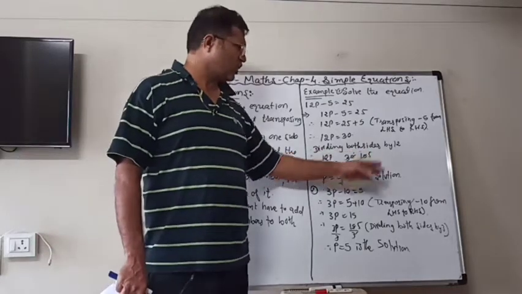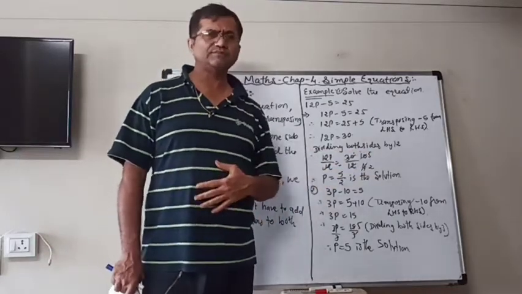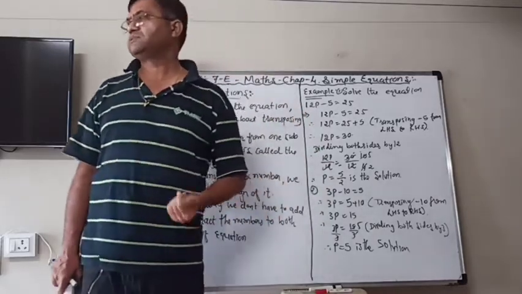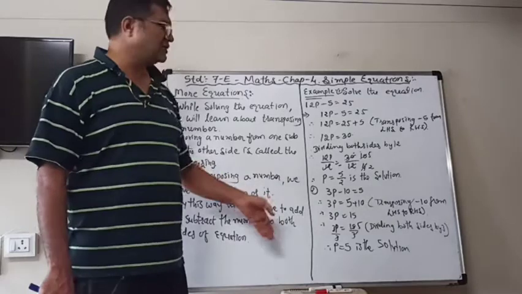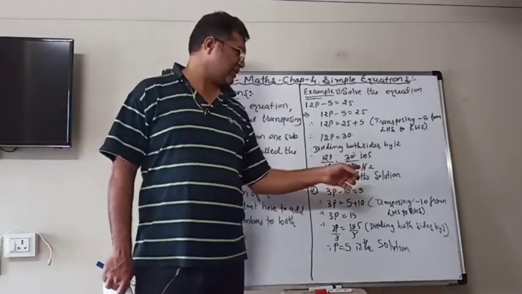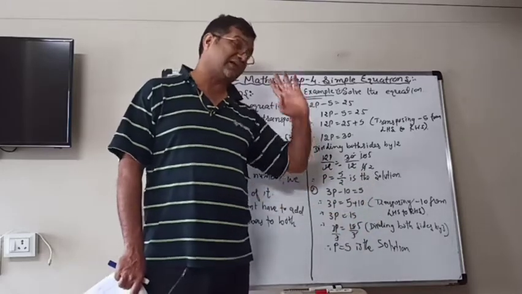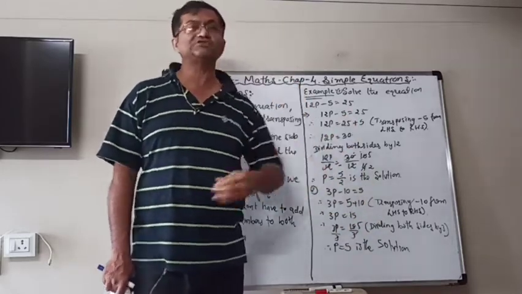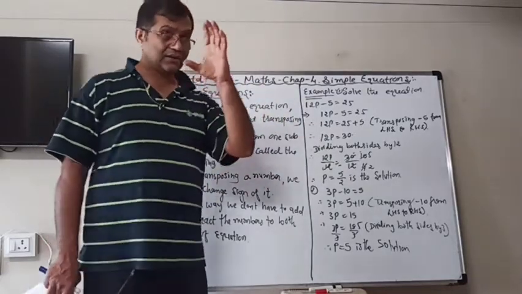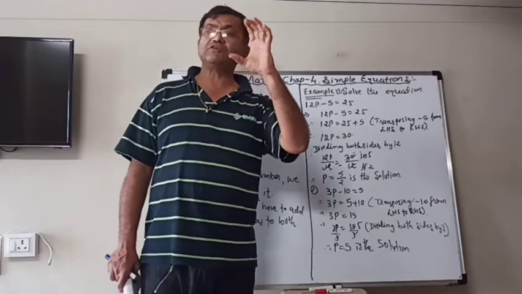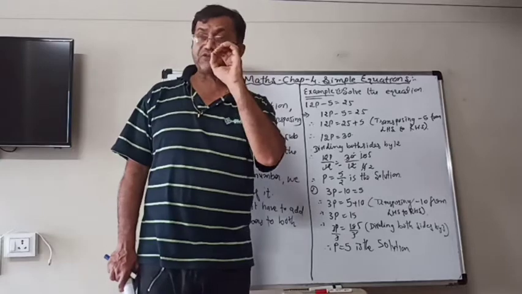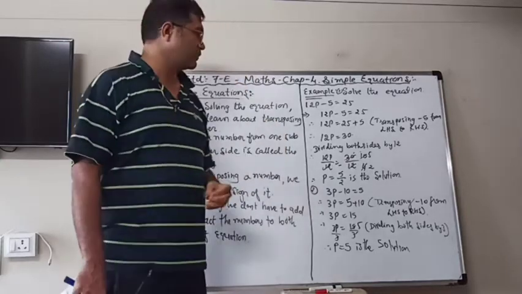Because it is also uncomfortable to divide both sides, to multiply both sides. That is the same as adding and subtracting both sides. It is unnecessary. So in the next, after these two sums, I will take two special sums to explain how to do that. And I will give you some special ideas so that you cannot forget that from your mind.